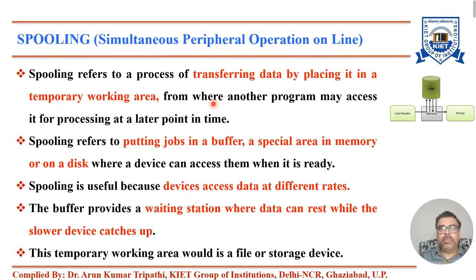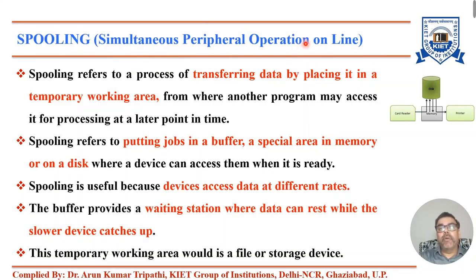To overcome this problem, the spooling concept came into existence. Spooling means simultaneous peripheral operation online. That means a number of operations are executing simultaneously. As its name shows, simultaneous means a number of operations.